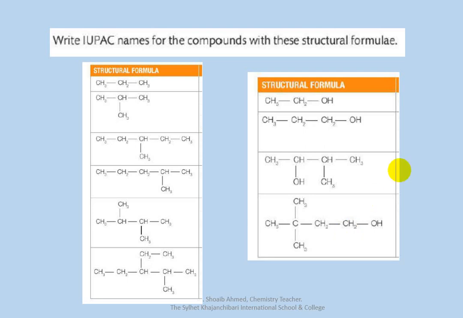What is the name of this compound? Numbering starts close to the alcohol, as it is the functional group. So I give 1 here, then 2, 3, 4. What is the name of this compound? Butan-2-ol. What is the position number of this? Have you understood? Okay.